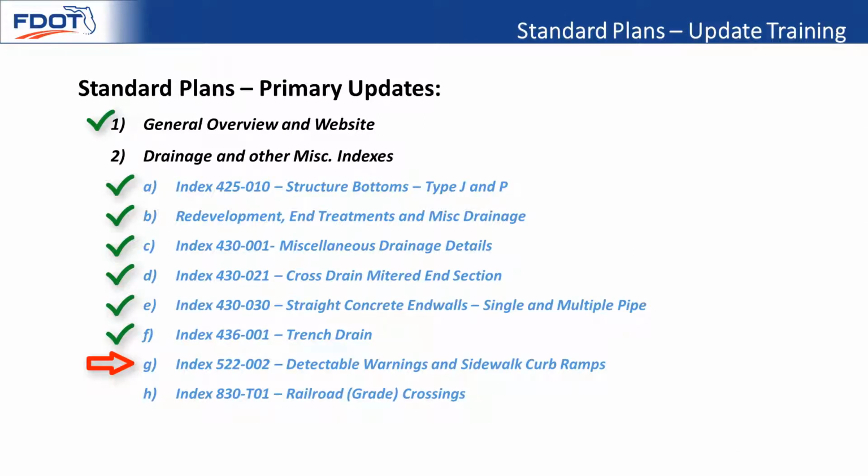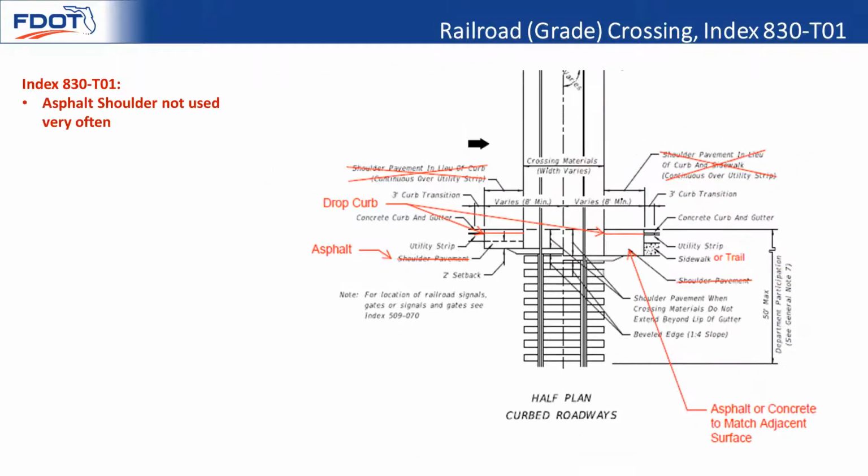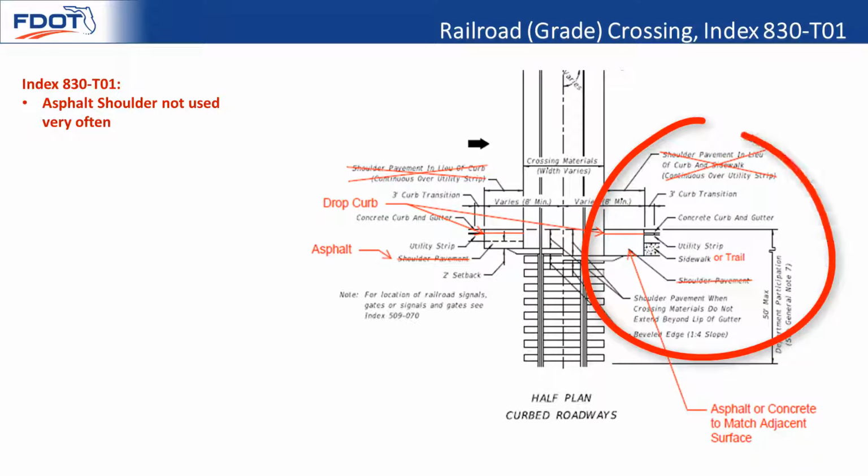The next index I want to look at and talk about is the index 830-T01. It's the railroad grade crossing. This change was actually requested of us from our District 2 Railroad and Design Office. And the issue here is that the shoulder in the detail called out here, or shown here, is not normally asphalt, even though that's the only thing that's shown in the detail.